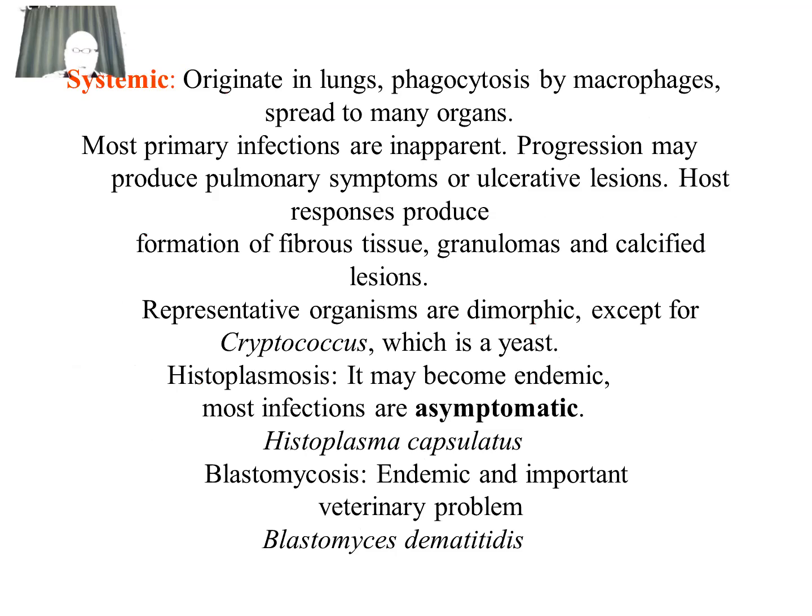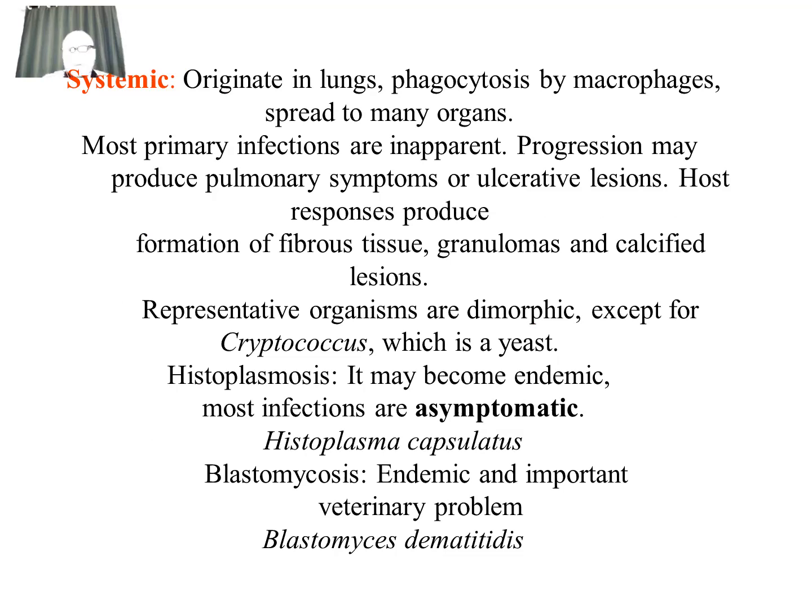So, let us look at systemic fungal infections. They originate most commonly in the lungs, because the respiratory system is an open system, so it can get so many things. There is phagocytosis by macrophages, and the macrophages will be able to work if the immune system is strong.